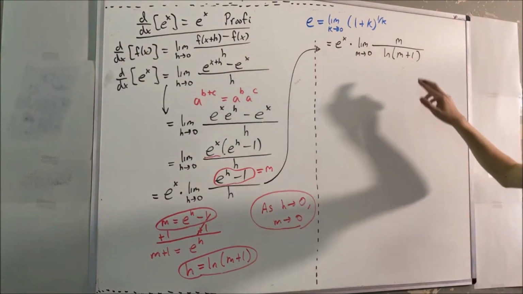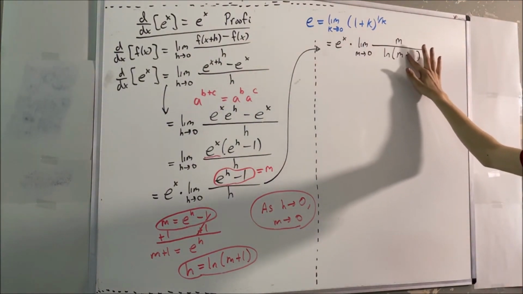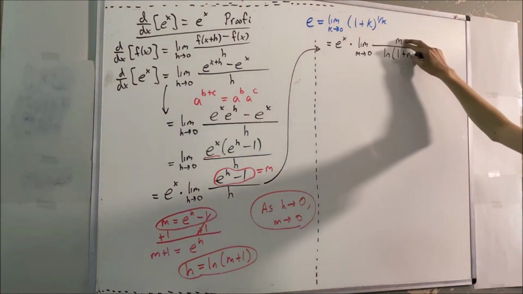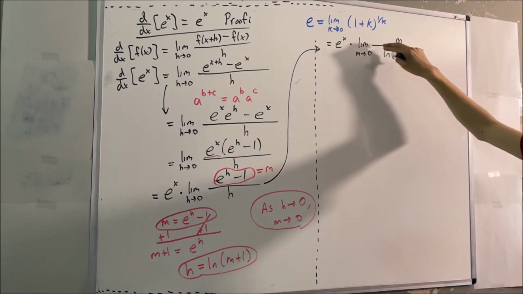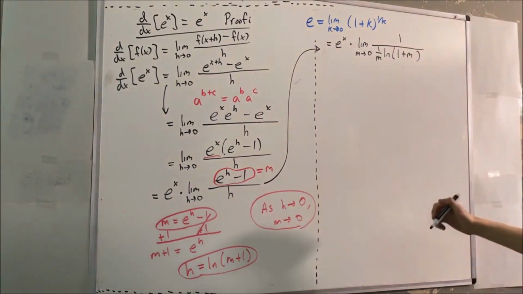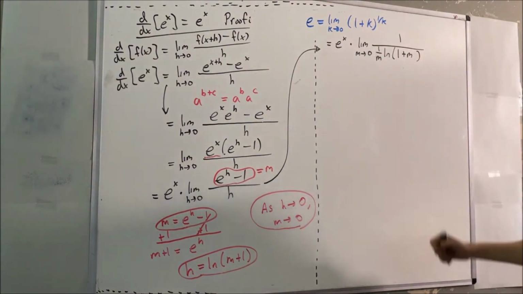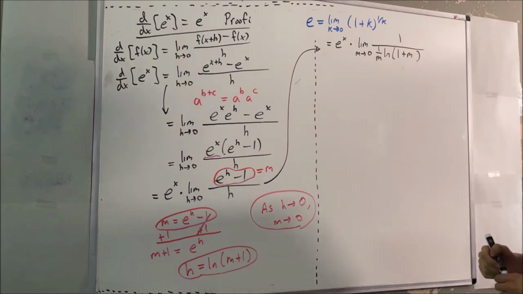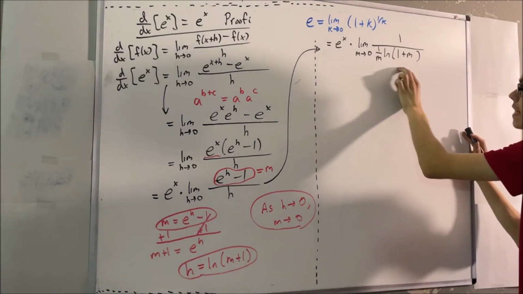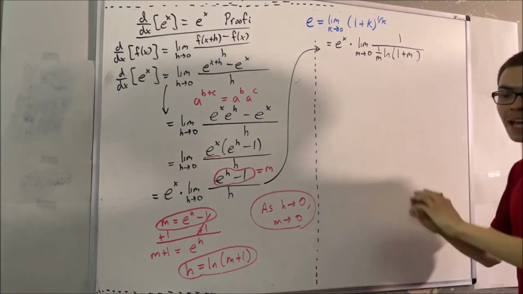Now, first of all, notice that m plus 1 is the same thing as 1 plus m. And having an m in the numerator is the same thing as if we had a 1 over m in the denominator. So we can all agree that this is true. So really, what we're going to do now is take the 1 over m and move it inside of the logarithm as an exponent.